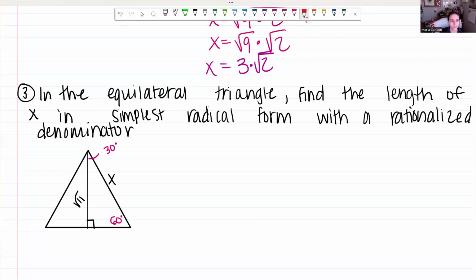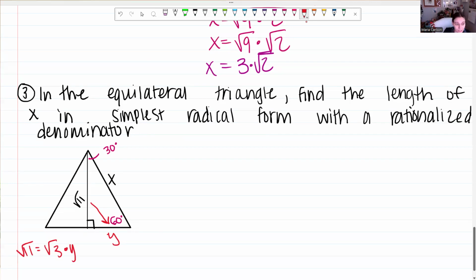So I think what I'm going to do first is figure out the length of this shorter leg, and I'm going to call that side y. To do this, I'm going to take the square root of 11, which is the longer leg, and undo the fact that the square root of 11 is the square root of 3 times whatever this shorter leg is.